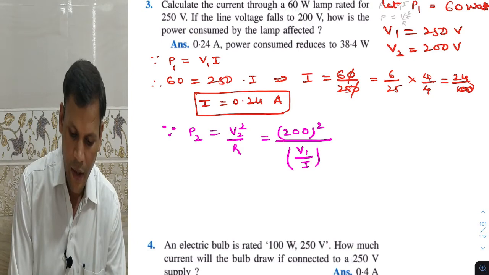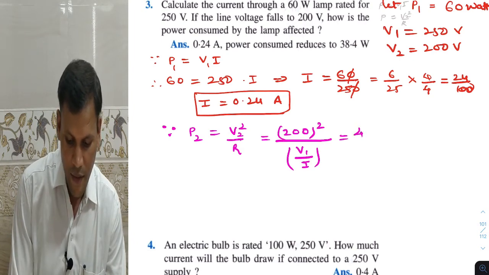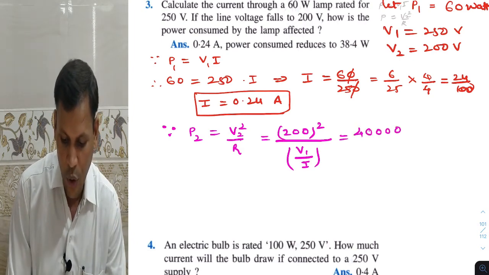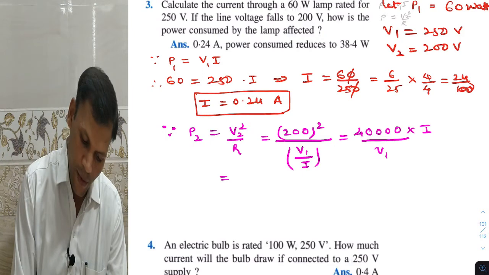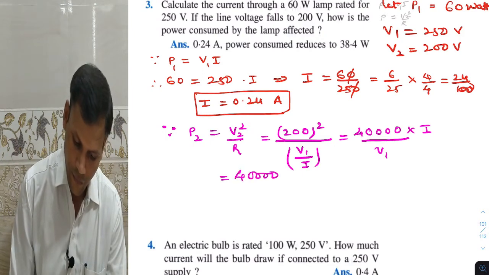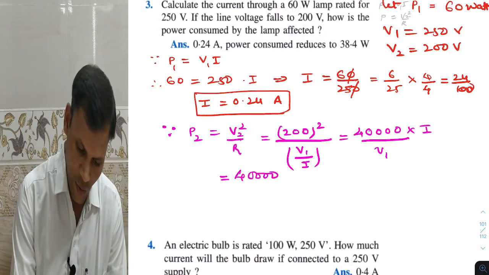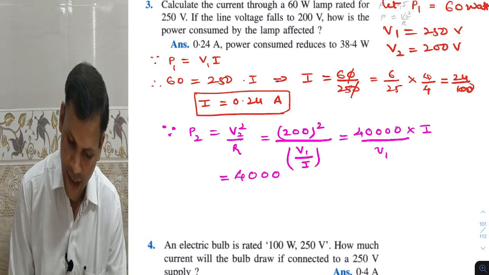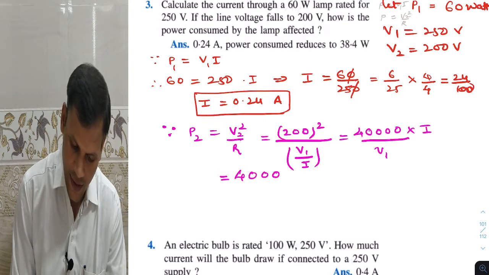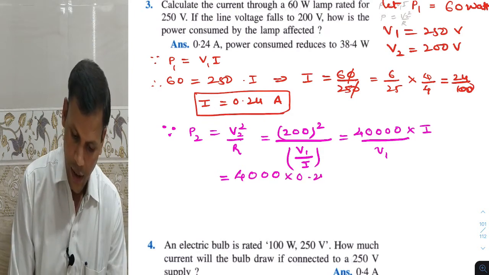So it will be 4 then 4 zeros into I upon V1 and everything now we have calculated. So it will be 4000, sorry एक जीरो कम रहेगा, 4000 into what is I? Current I is 0.24 upon V1.